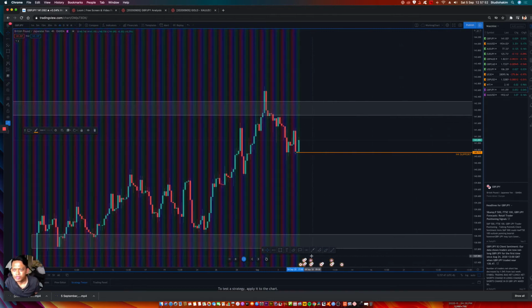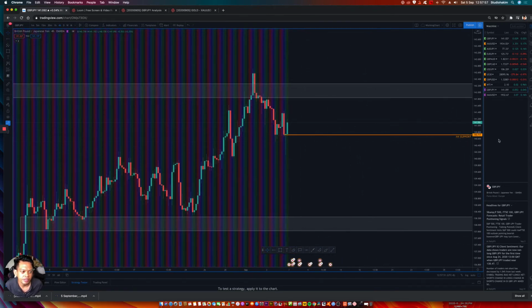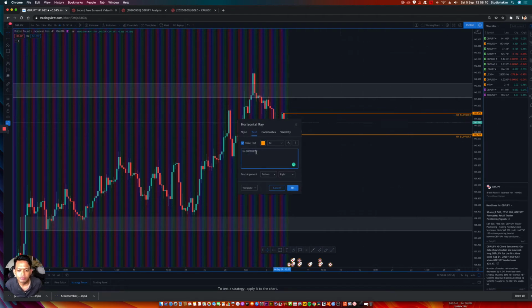So we are in the context of the 4-hourly. The last time it created an H4 support is here, and usually where there's a support there is a resistance, so that's where you know where the price is heading when the market opens. This one is the 4-hour resistance, and I put it at the top.